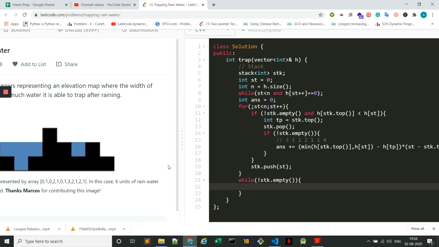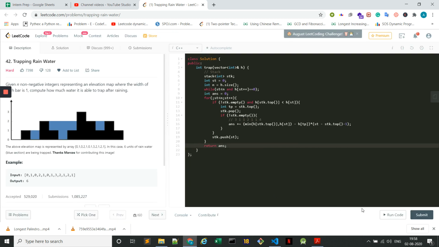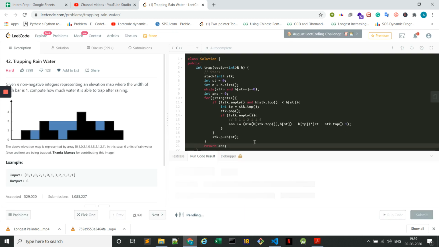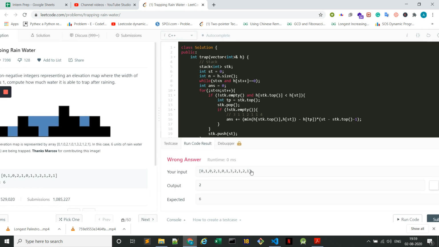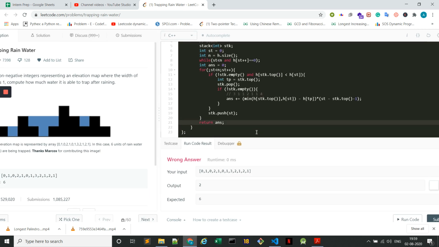Like we ignored the elements which were present on the left hand side, we should also ignore those elements which do not have any right boundary. So I think we can return the answer over here, but if our logic needs to be updated, then we will surely look into it.